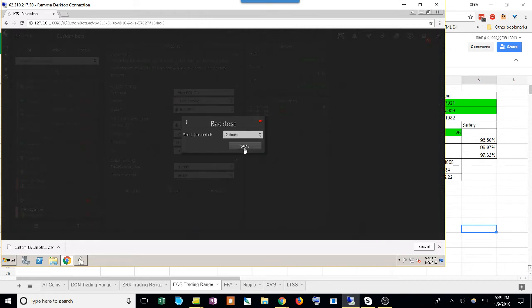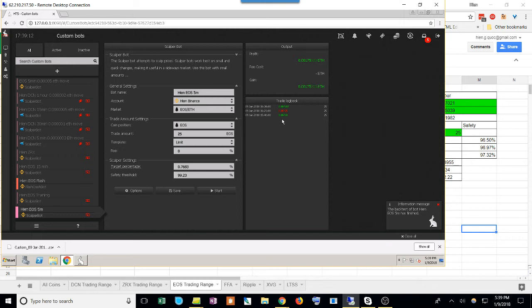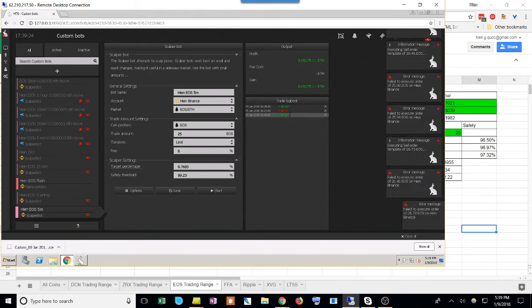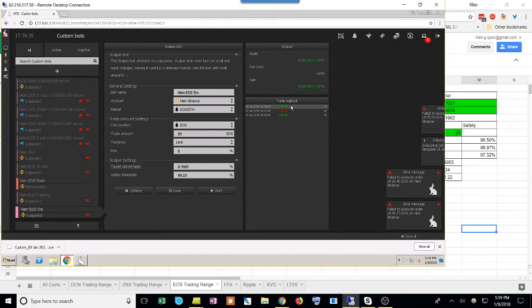Alright. So in those 2 hours, it was only able to find 2 or 3 trades. So I bought in at 0.18, sold at 0.25, and I bought in again at 0.710, and it's waiting to sell again.